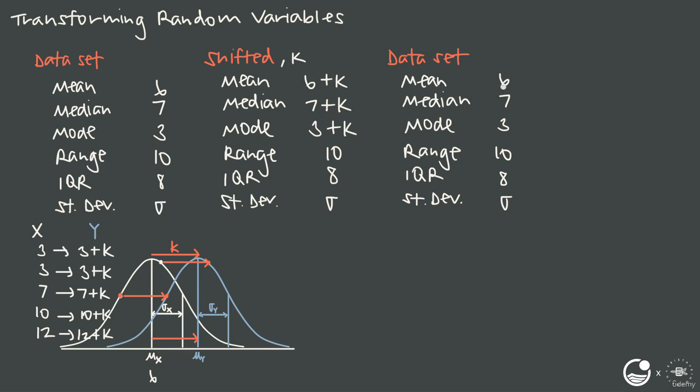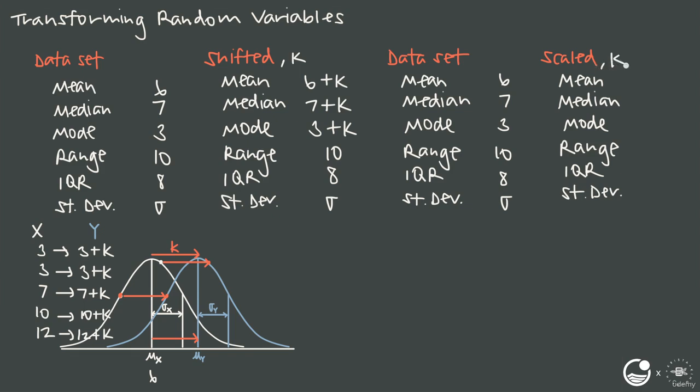If k is 1/2, that means we're going to halve every value in the original data set. So if we're scaling by some value k, just like with the shift, the mean, median, and mode will all get scaled. The mean now will be 6k, the median will be 7k, the mode will be 3k.